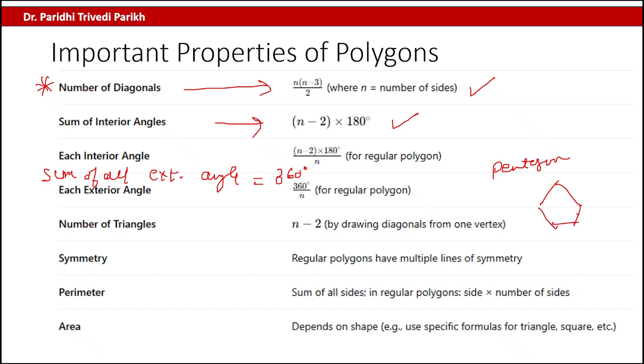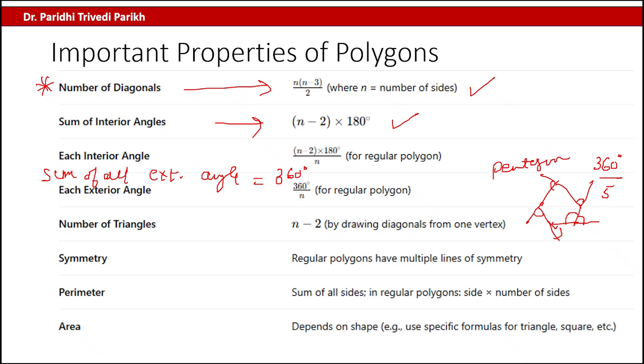If I draw it like this, this is my interior angle and this is my exterior angle. All the exterior angles add up to 360 degrees. So what would be one exterior angle? That will be 360 degrees divided by n, and n here is 5, so that is 360 degrees by 5. I hope I'm very, very clear.